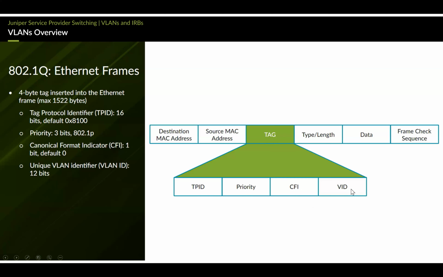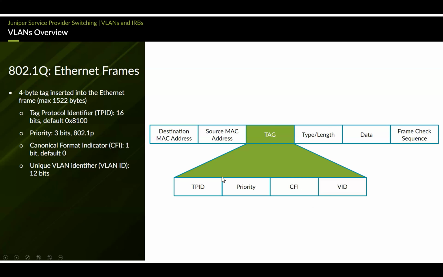That means VLAN ID. So see here, a 4-byte tag is inserted into the Ethernet frame. The tag protocol identifier, that is TPID, is basically a 16-bit value. Priority is 3 bits.